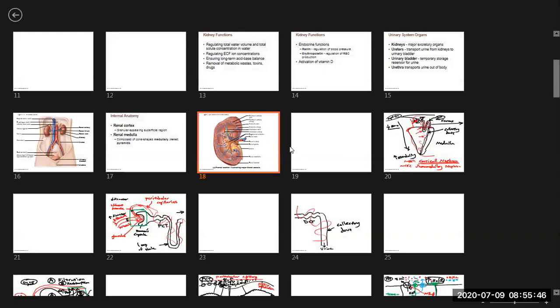Next up, I would like to go over the different parts of the nephron. Each nephron is one of those tiny little tubes.